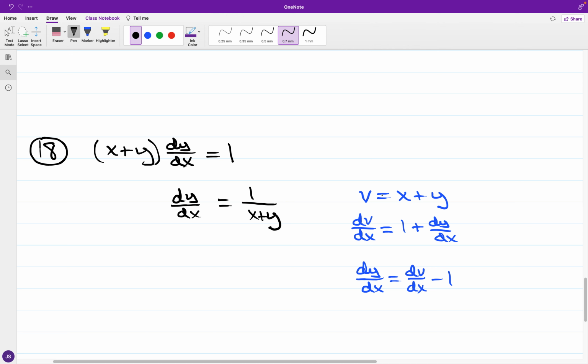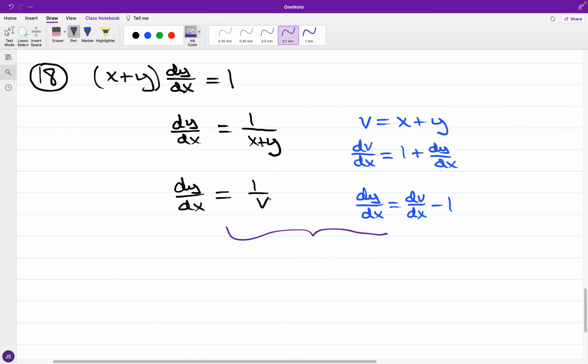With v representing x plus y, we have dy over dx is equal to the reciprocal of v. With these simultaneous equations, I got dv over dx minus 1 is equal to 1 over v, isolating dv over dx.